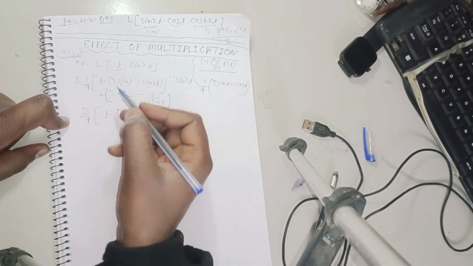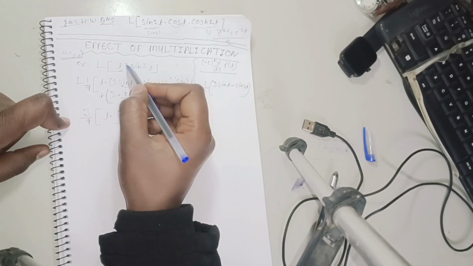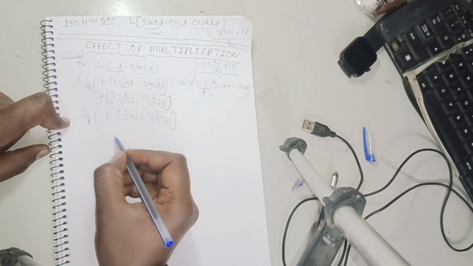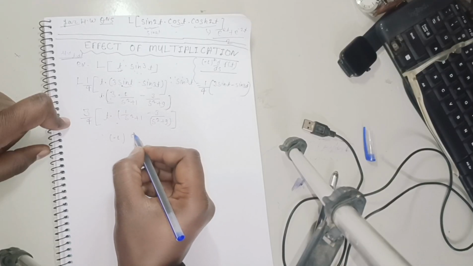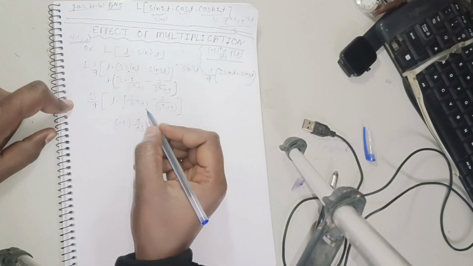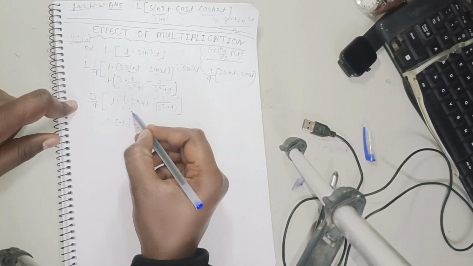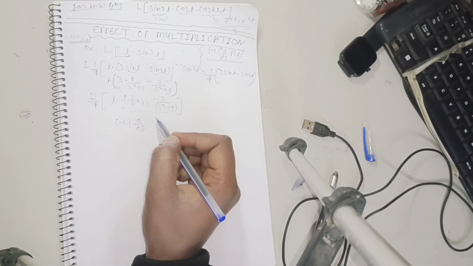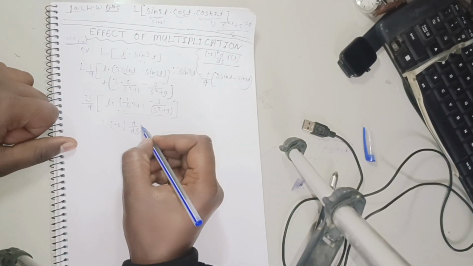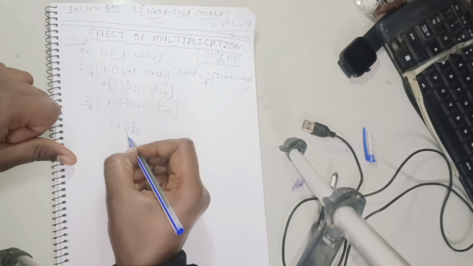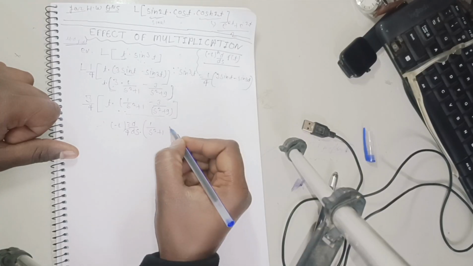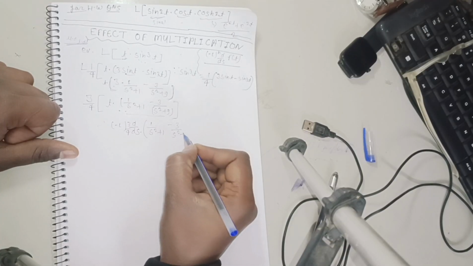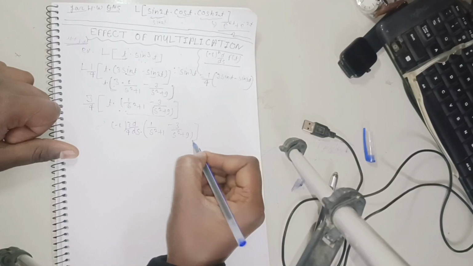As you can see, here there is nothing to the power, so I will write simple -1 only, so -1 into d by ds. Also 3/4. Now, what is f of t? This is f of t. So 3/4 I am writing here, into, we have to differentiate 1 upon s square plus 1 minus 3 upon s square plus 9.